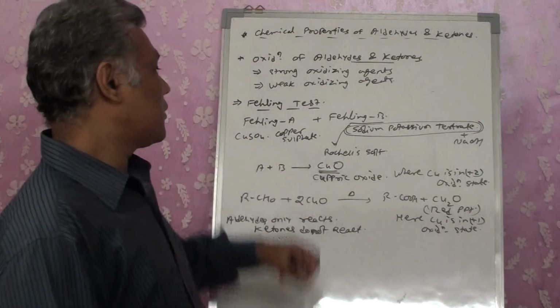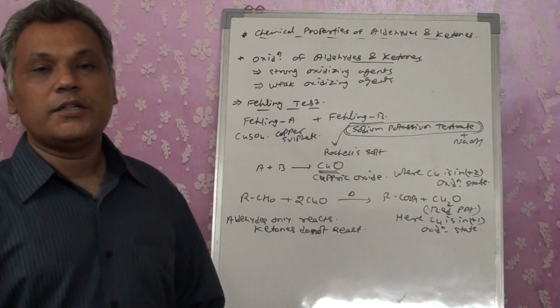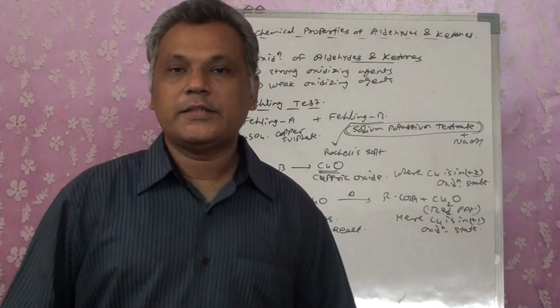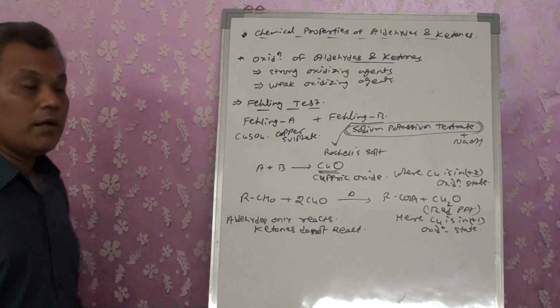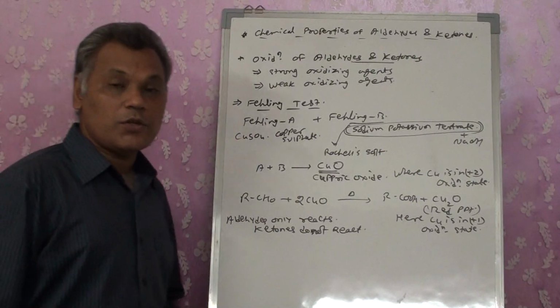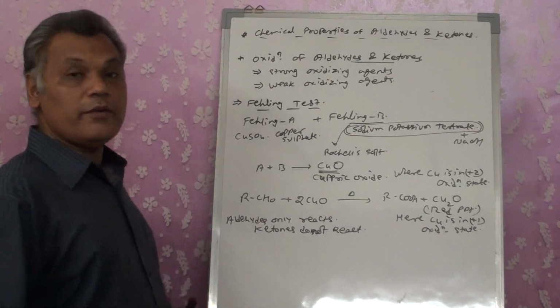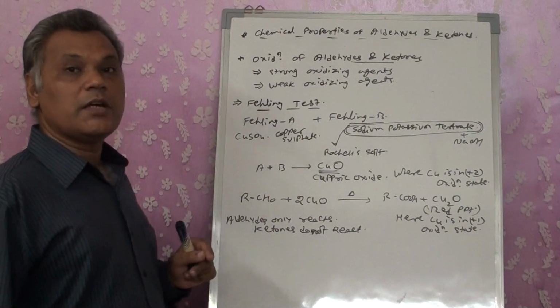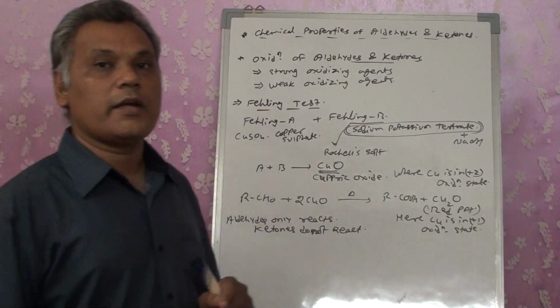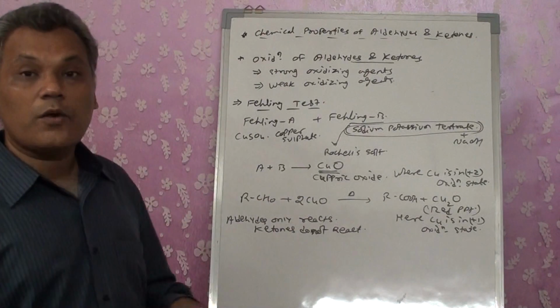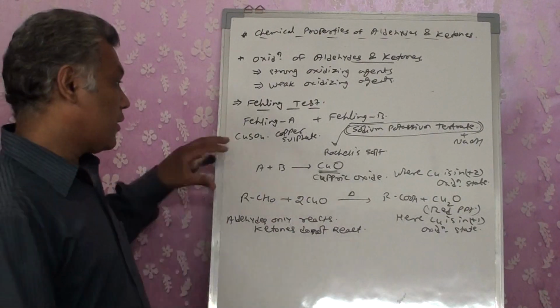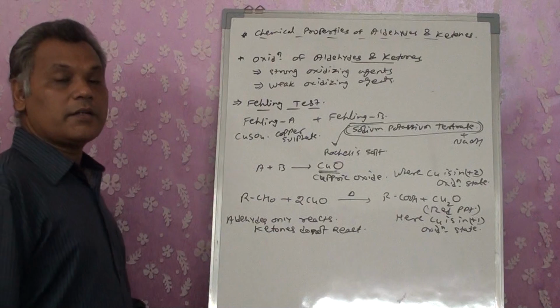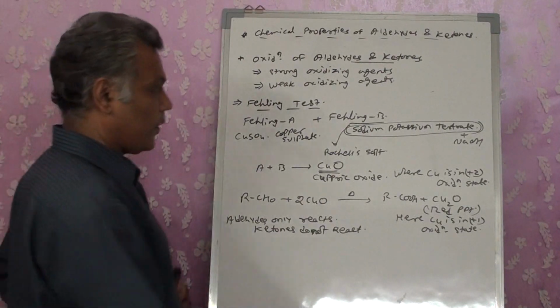So this can also be used as a distinguishing test for aldehydes and ketones. But this test is also more useful when you are given aliphatic and aromatic aldehydes. Aliphatic aldehydes give the test, while aromatic aldehydes do not react. So that is an additional characteristic of the Fehling test, right?